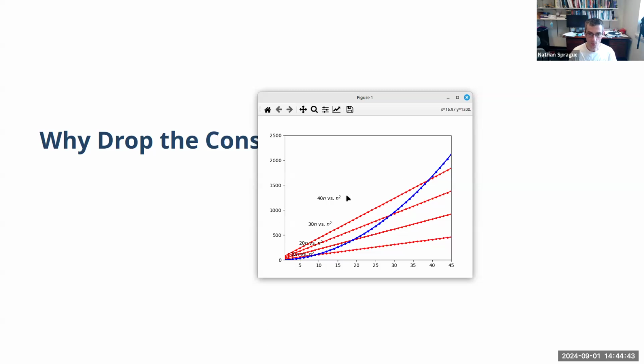So that's one justification for throwing out the constants. They may change the story in the short term, but they're never going to, in the long term, make a function with an n squared in it better than a function that is linear.